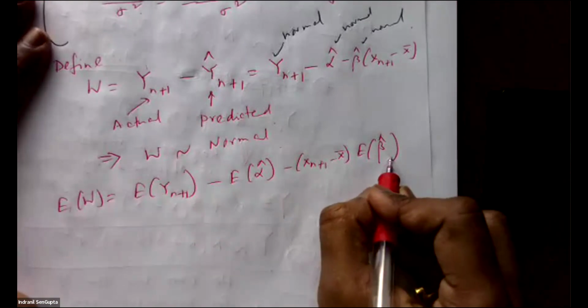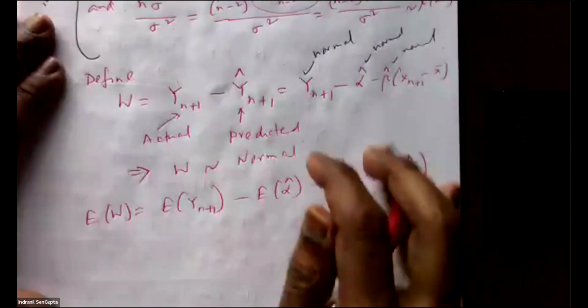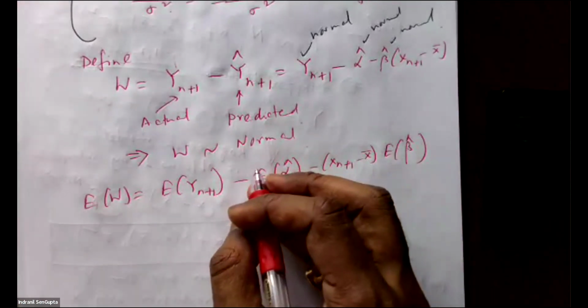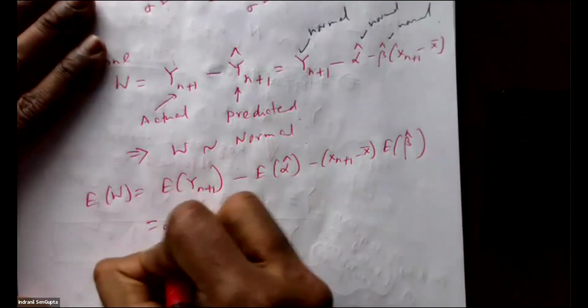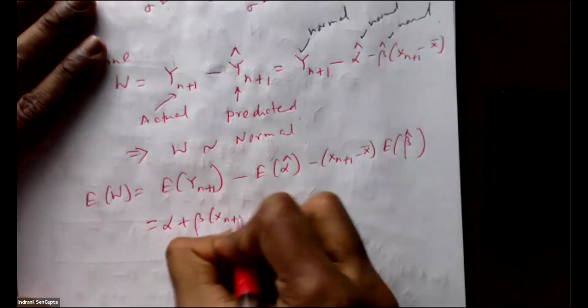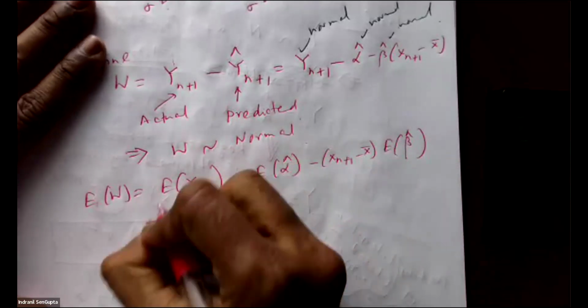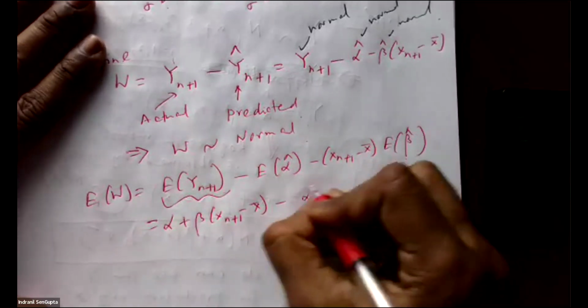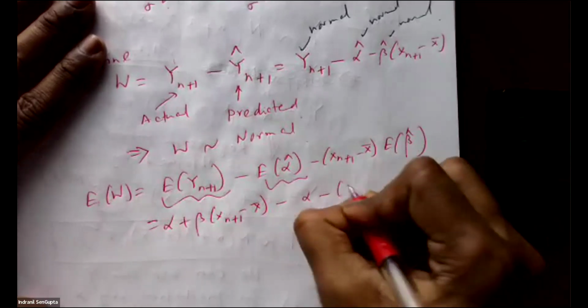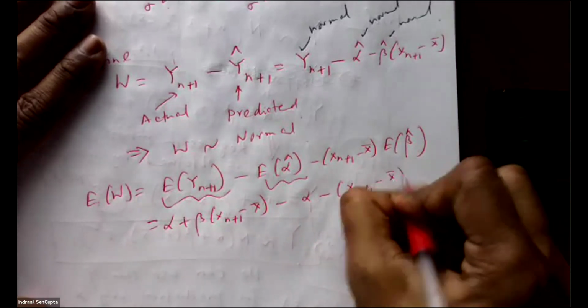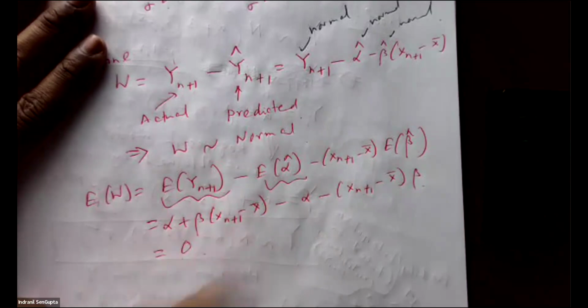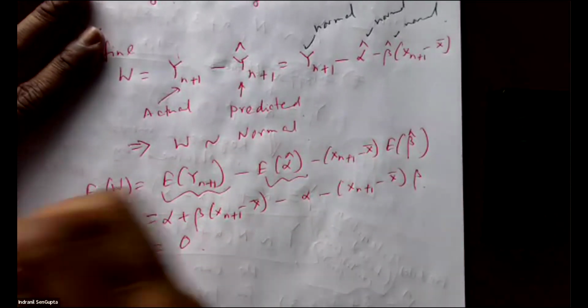We know E of alpha hat, E of beta hat, and E of y n plus 1, and I'll leave the computation to you. It's really alpha plus beta xn plus 1 minus x bar. So for this one, minus alpha, for this one, minus xn plus 1 minus x bar times beta, which is 0. So E of W is 0.